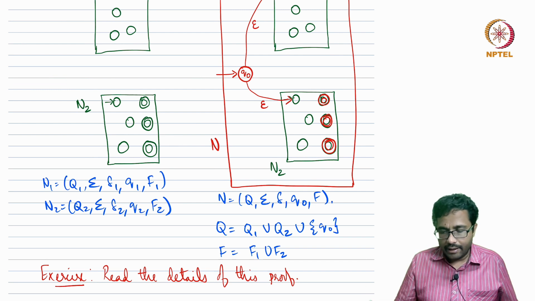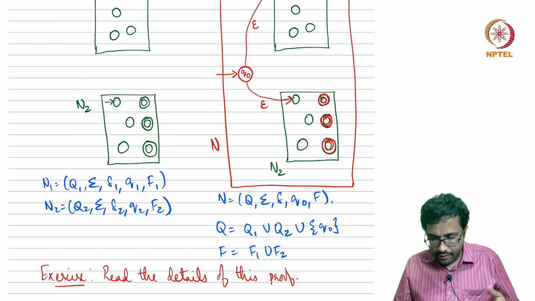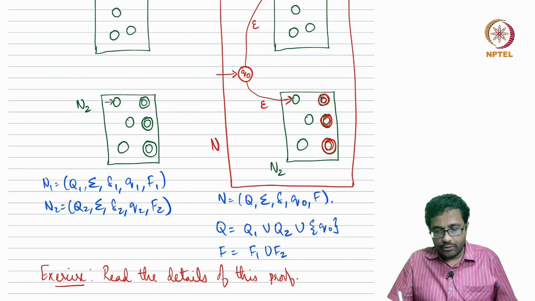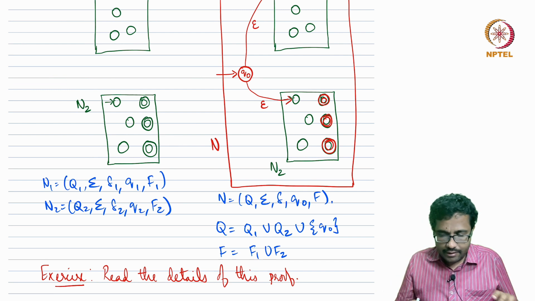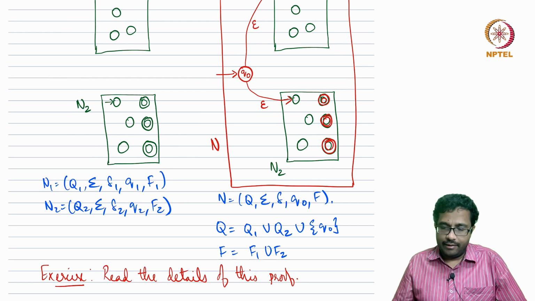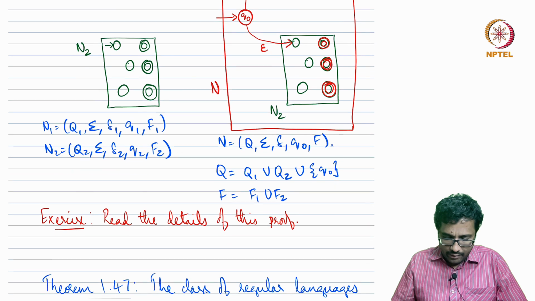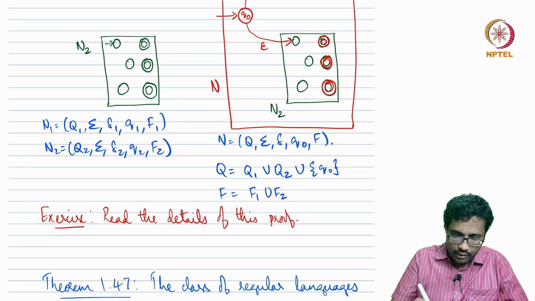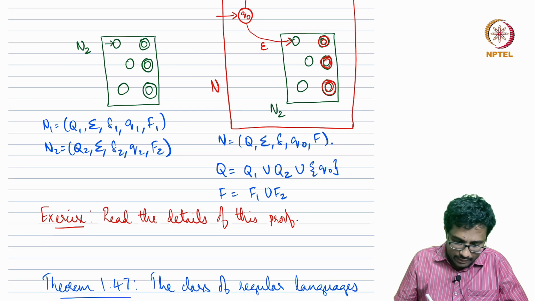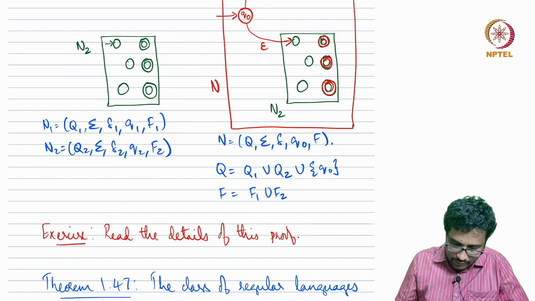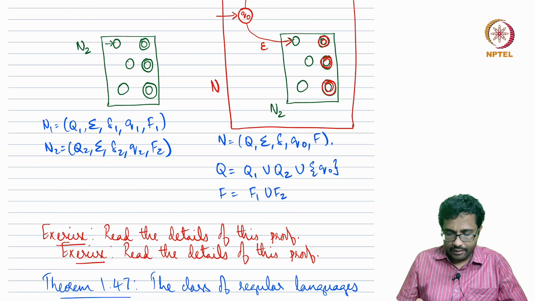Nothing new is added. Q0 is new, the start state is new. So I've almost said everything. The only thing that is a bit more involved is the transition function. That requires a bit of detail. You may have a look at the book on how they explain this. The details are provided there.